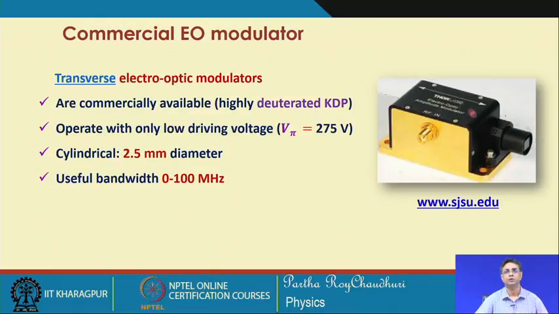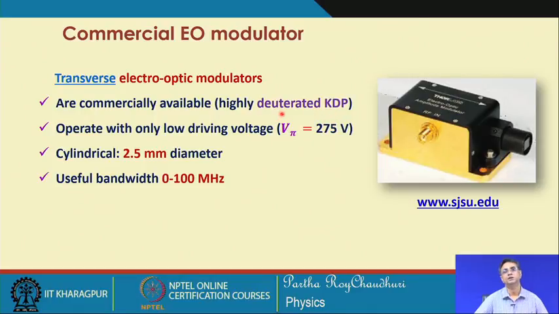Commercial electro-optic modulator, this is taken from this site. This is an amplitude modulator electro-optic crystal using KDP. They are commercially available, but usually they are highly deuterated and operated with only a low driving voltage, about 275 volts. You can see the very drastic improvement.